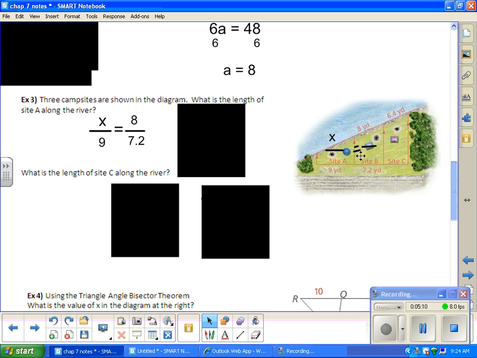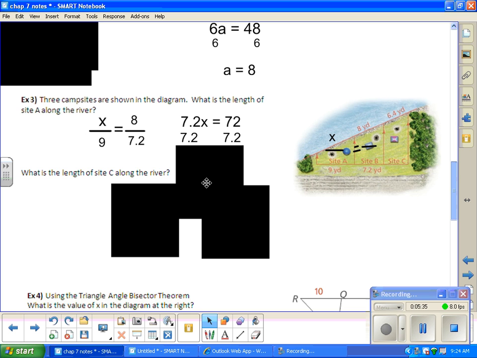And since you have 3 parts, the only part that has a length along the river and a length along the road is this middle site B. So you're going to go ahead and use that one as one of your fractions. Since you're trying to find the length of the river for site A, I've just put an x here. And so now I want to cross multiply. I end up with 7.2x equals 72.